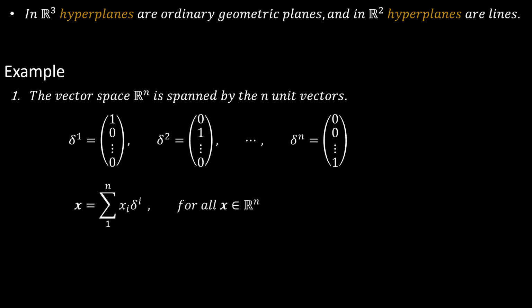And so any vector in that space is just simply a linear combination of these unit vectors, for all x that are members of that space. We can also say that R to the n is just simply a span of the unit vectors or the basis vectors. So that's just another way of looking at it.